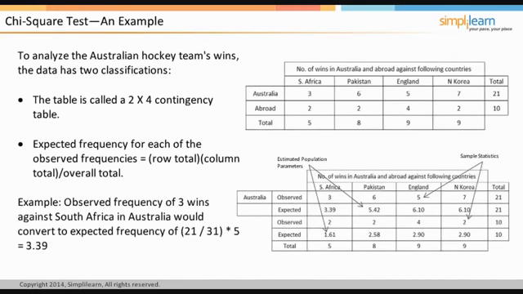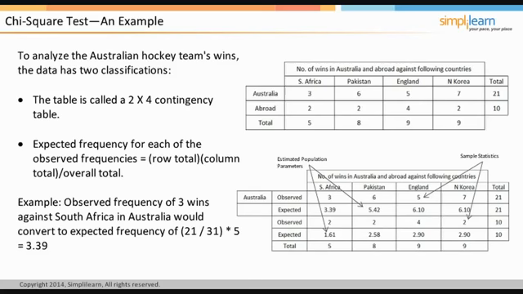The data has 2 classifications, and the table is also known as a 2x4 contingency table with 2 rows and 4 columns. The expected frequencies can be calculated assuming there is a relationship. Thus, expected frequency for each of the observed frequency is equal to product of row total and column total divided by overall total.